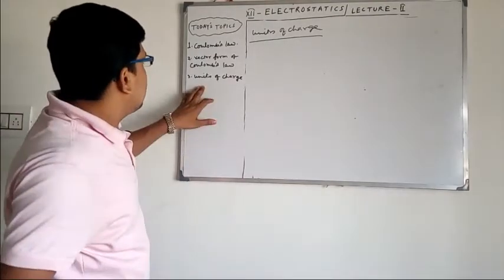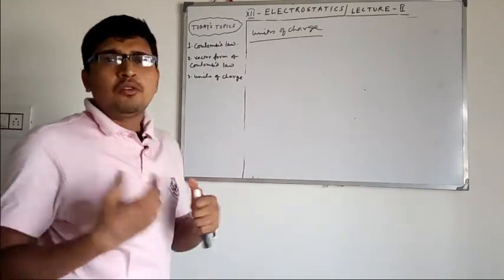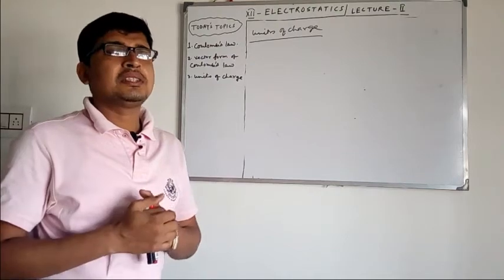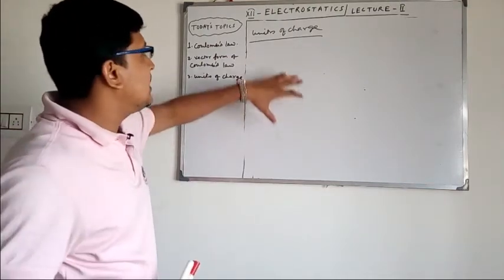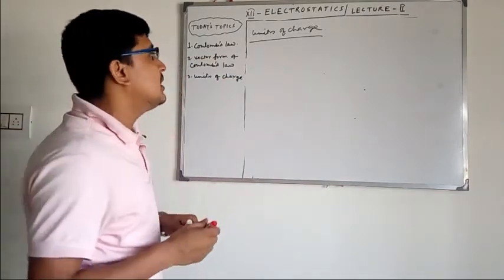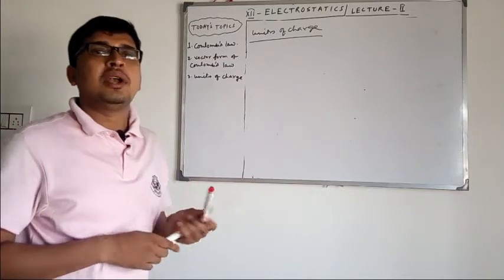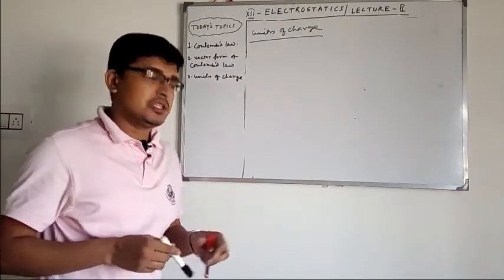So our third topic is units of charge. What is the unit of charge in the SI system? You know that this is coulomb, and the unit of charge in the CGS system is the stat coulomb, and sometimes we call it ESU.